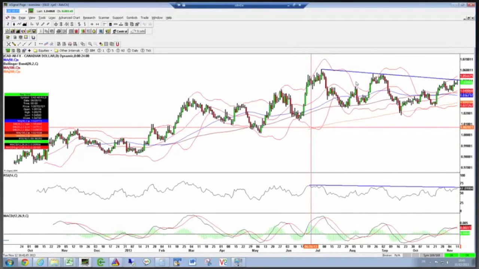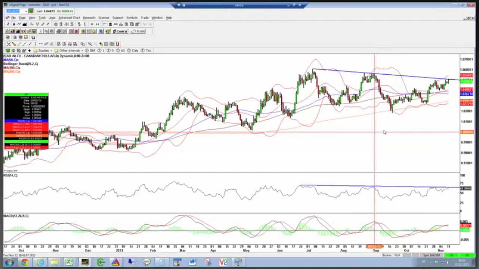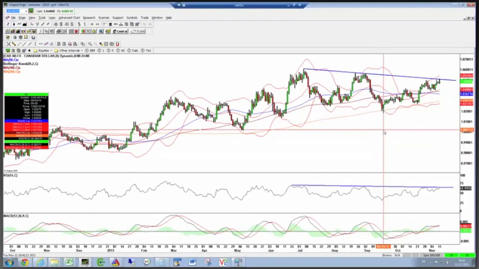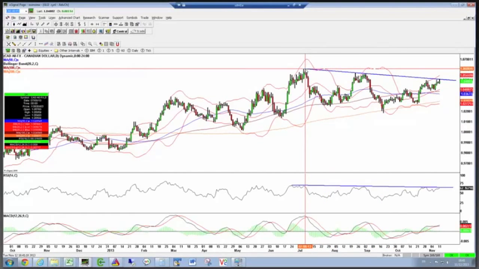Yes, I saw that earlier today because today we had an interesting reaction, the reaction on the declining trend line drawn from the top of July 2013.